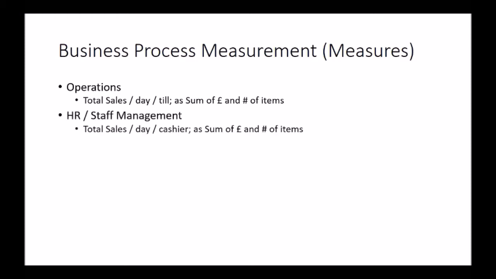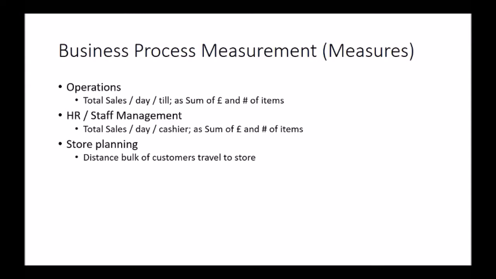Our HR department or staff management may want to do the same measures based upon cashiers or members of staff, and again we're doing this by the sum of the amount of money through the till and the number of items scanned through the till. For planning our stores, the new locations, we may want to take a look at the distance that the customers travel to our stores.